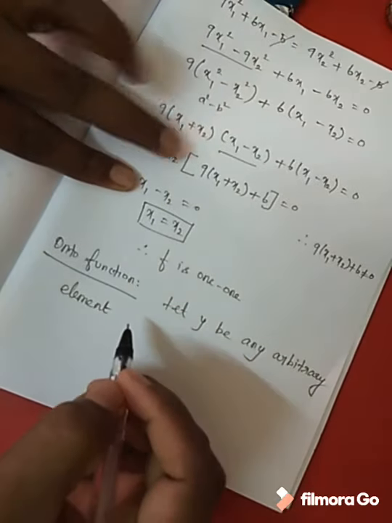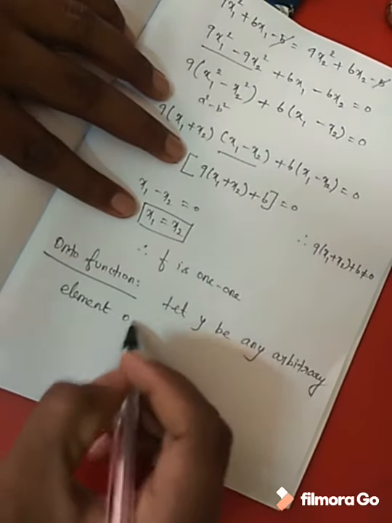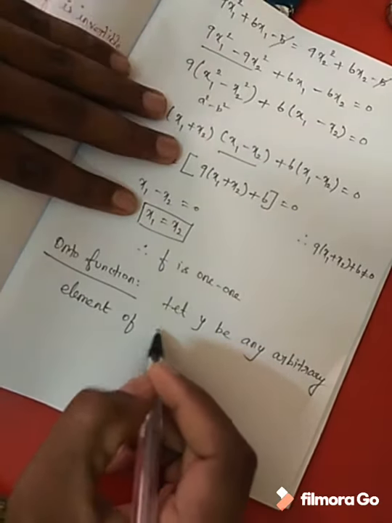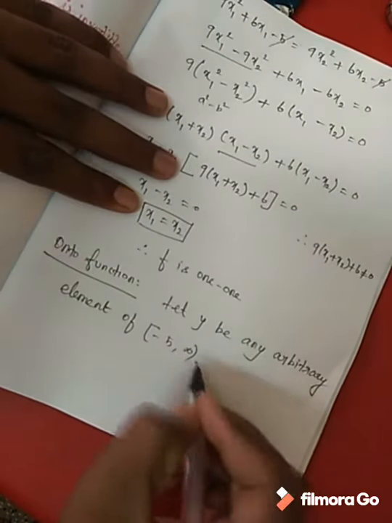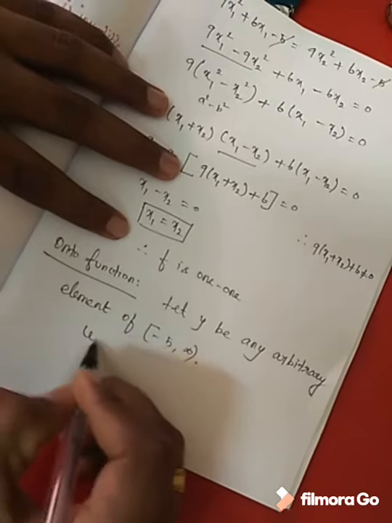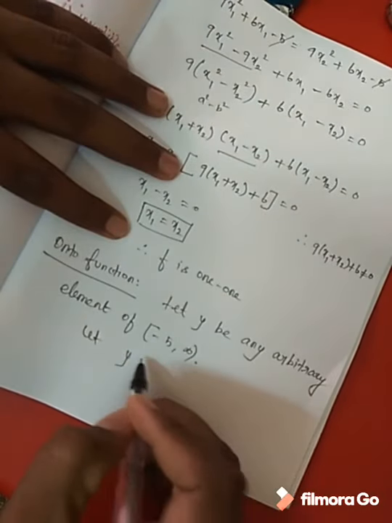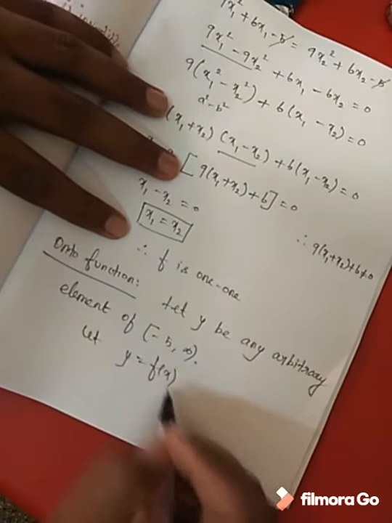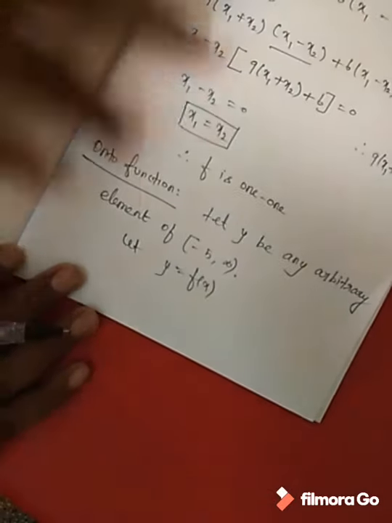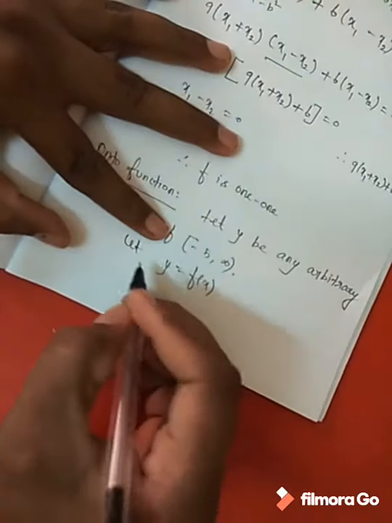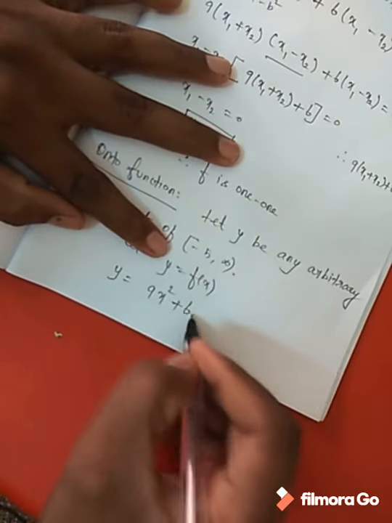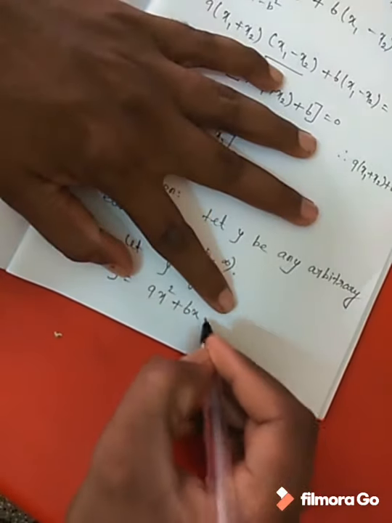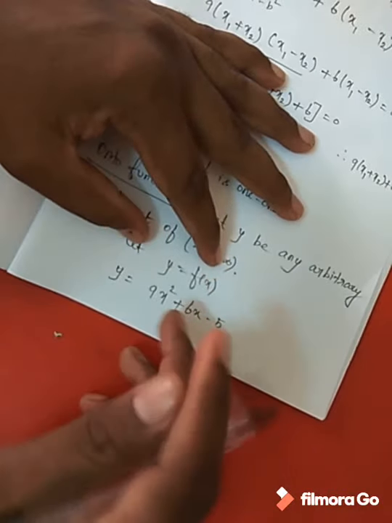Let y be any arbitrary element of the codomain [-5, ∞). Right, so y = f(x). What is my y value? y = 9x² + 6x - 5. Okay, I am going to find the x value.